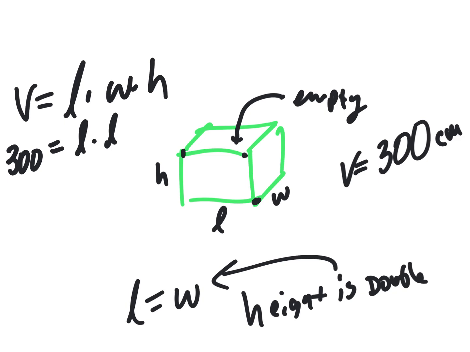Now, I could have called them both X. I could have called them both W, but they're the same, so I'm going to put in the same variable form. Okay? And then the height, I know that's supposed to be double L, right? So then I'm going to put in 2 L's for the height.